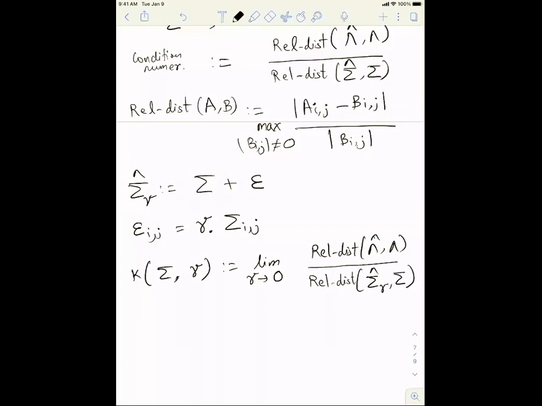Essentially we're asking, as the noise becomes closer and closer to 0, how does this value change?